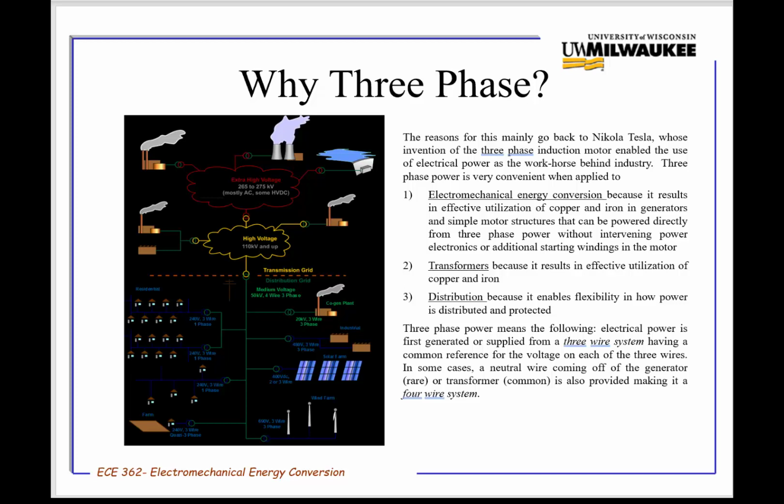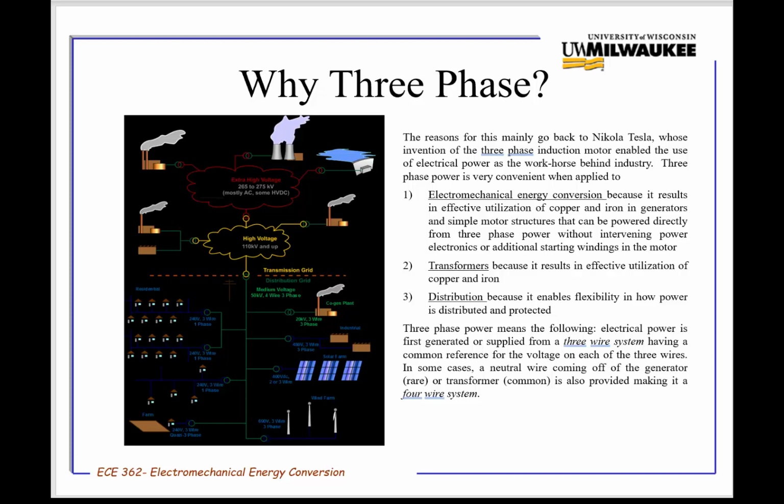Now, for transformers, and what is a transformer? We will talk about them, but most of you know a transformer converts AC voltage from one voltage level to another. And the transformer, if it is a three-phase transformer, you will have the most effective utilization of the copper and iron.